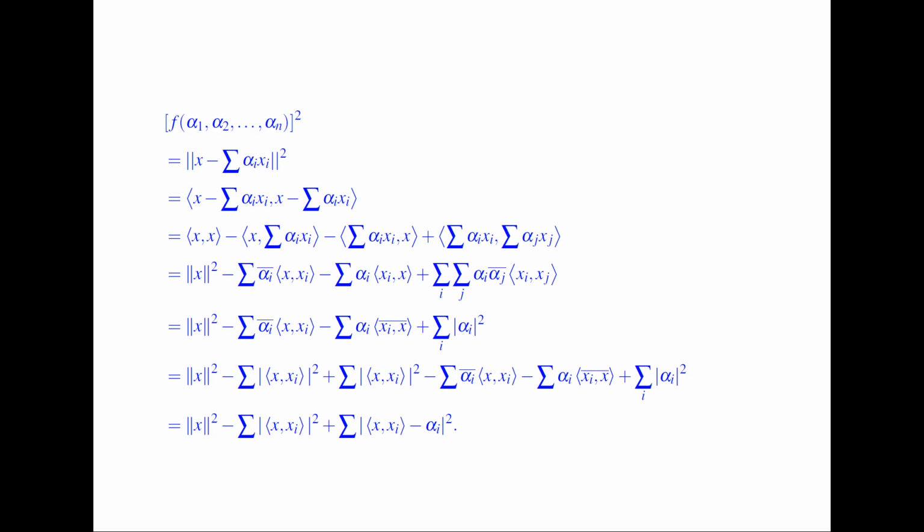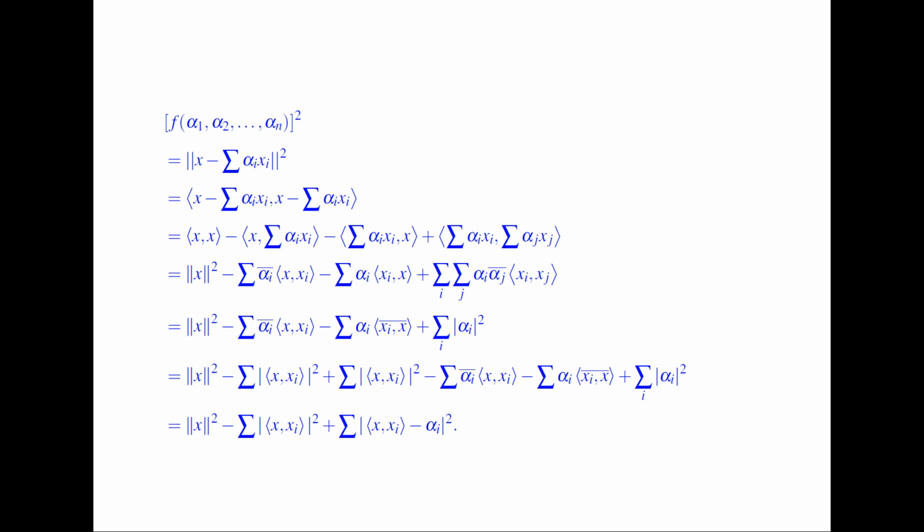This is equal to the summation over i of the modulus of alpha i squared, and this is equal to the norm of x squared minus the summation of the modulus of the inner product of x comma xi squared, plus the summation of the modulus of the inner product of x comma xi squared, minus this part and minus this part, plus the summation over i of the modulus of alpha i squared.